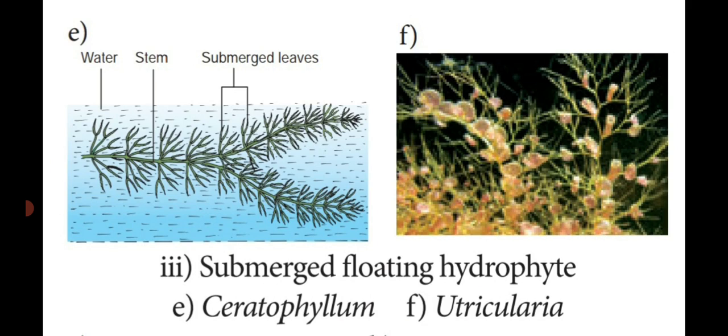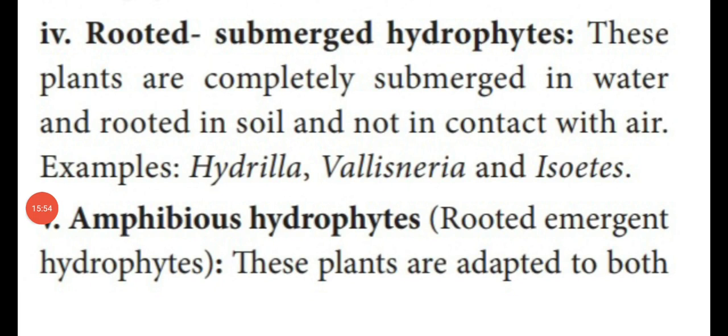Example, Ceratophyllum and Utricularia. Dear students, the next type is rooted submerged hydrophytes. These plants are completely submerged in the water. That means they are not in contact with the air, but they are in contact with only water and soil. That is said to be rooted submerged hydrophytes. Example, Hydrilla, Vallisneria and Isoetes.